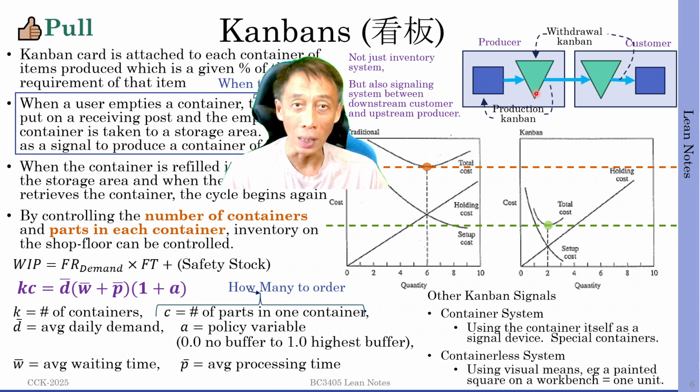As of course that implies that previously when the Kanban was filled up, the producer would have halted or paused the production so that you don't keep producing and then falling to the floor and wasting, right? Because the whole idea of Kanban is to be lean, is to reduce waste.